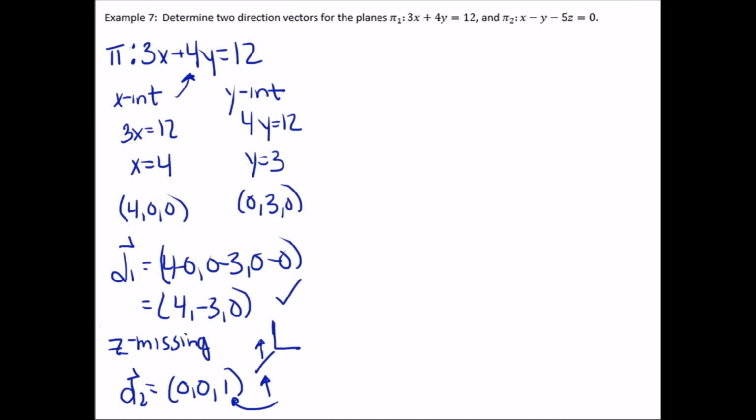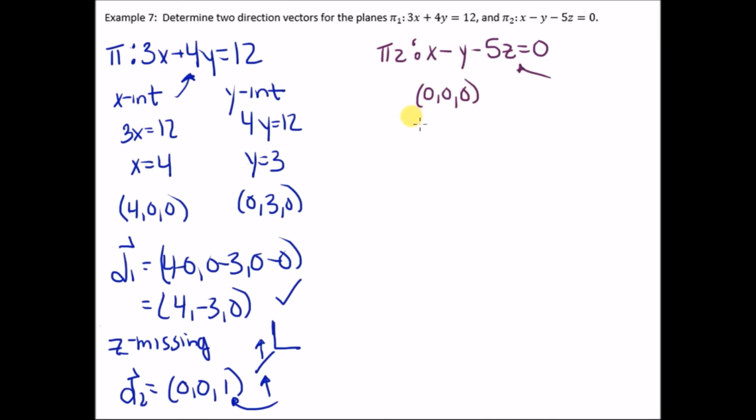Okay, let's do plane 2. Okay, so we have x minus y minus 5z equals 0. So first of all, we know that d equals 0, therefore it goes through the point (0, 0, 0). We have the x, y, and z, so we can't actually find the x, y, and z intercepts. So instead, what we're going to do is let one of these equal 0.